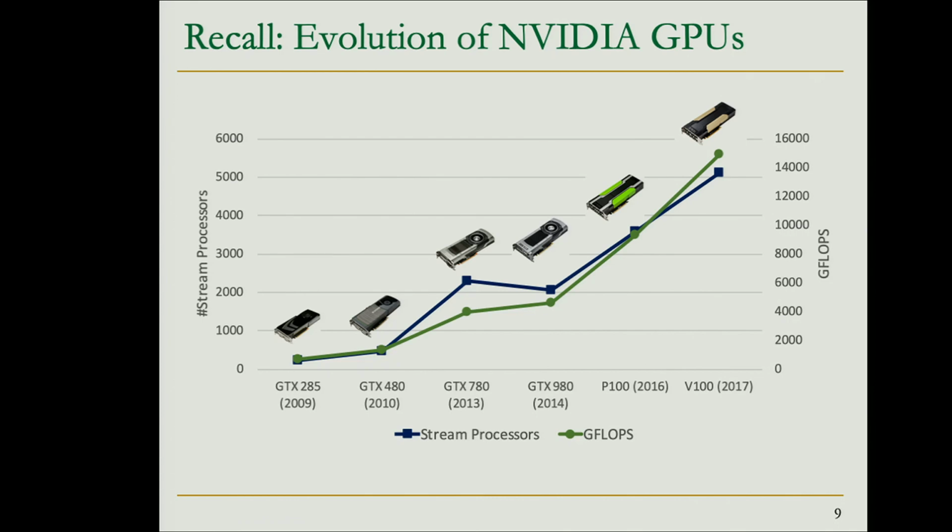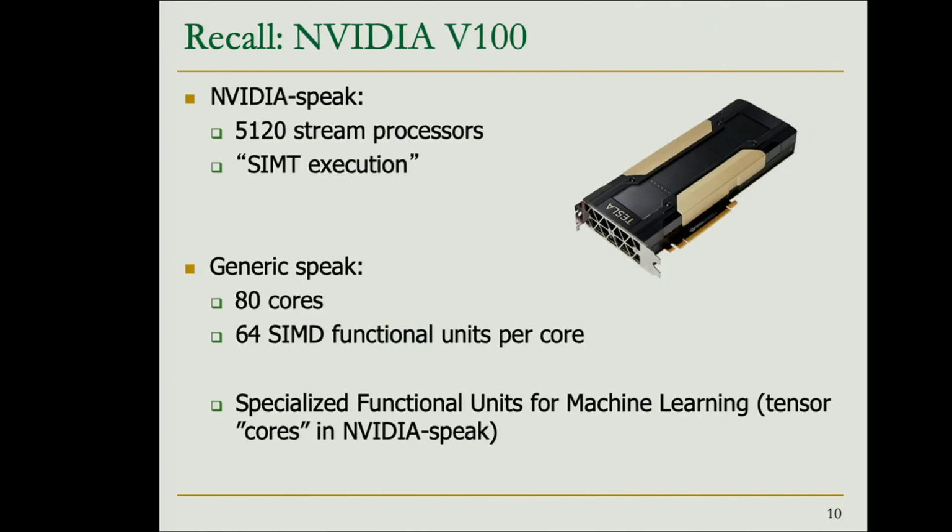So from this GTX 285 until this V100, the NVIDIA Volta V100 that was released in 2017 and is especially devised for training deep neural networks, among many other tasks, of course, that you can run on it. And this is the Volta NVIDIA V100.